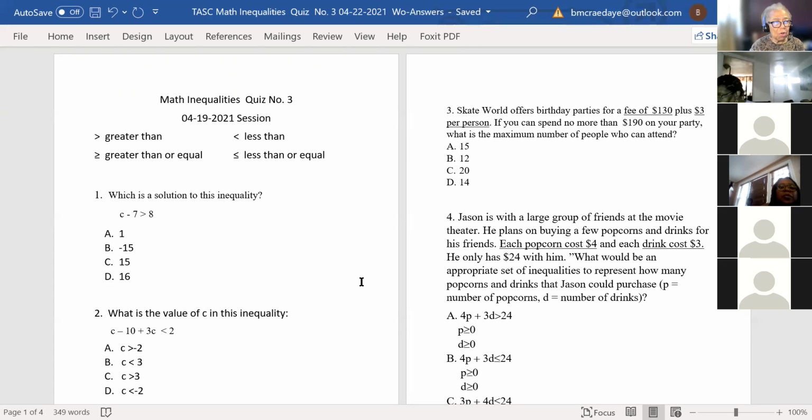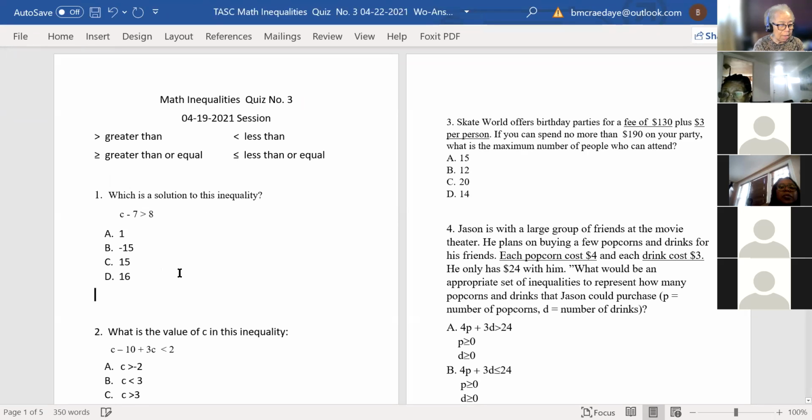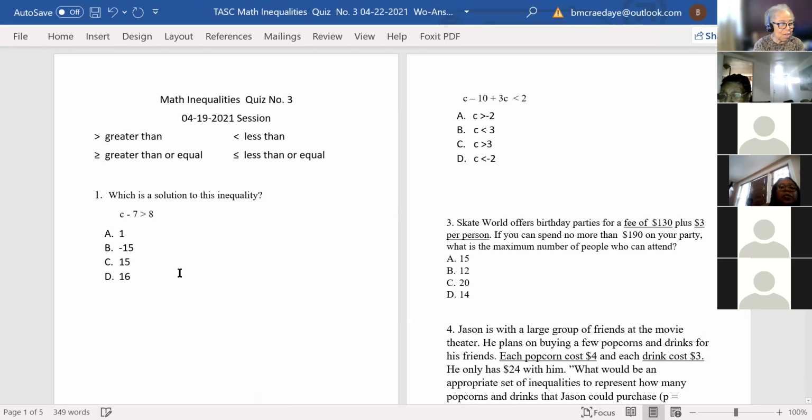Yes, right. So let's look at inequalities, and you notice I have the symbols here: greater than, less than, greater than or equal, less than or equal. Now let's look at number 1. Which of these choices is a solution to this inequality, and how would you solve it, Alba?